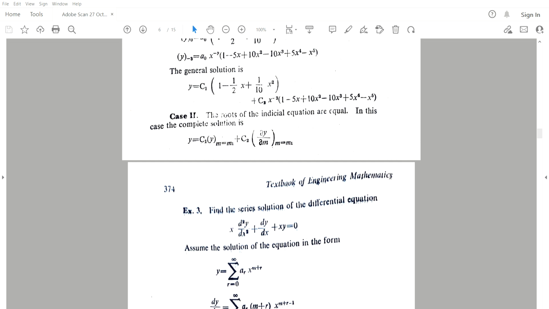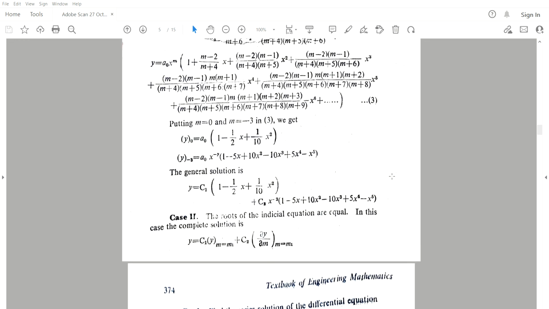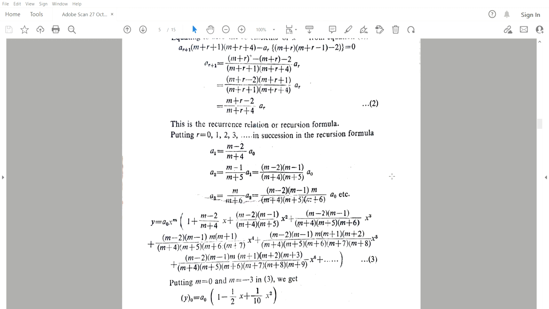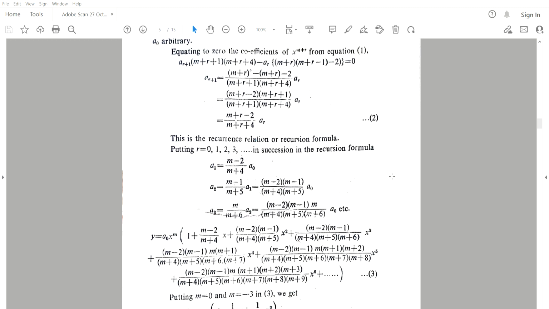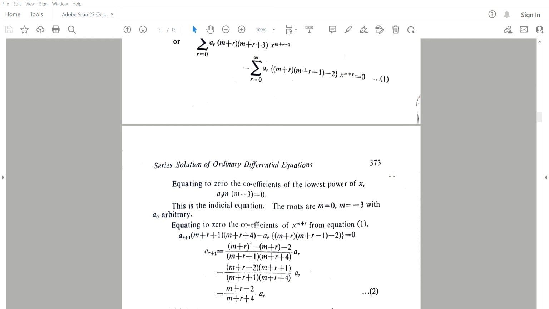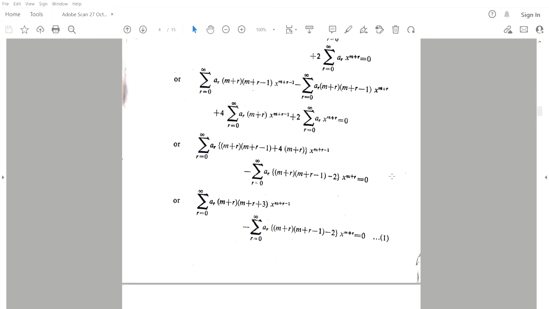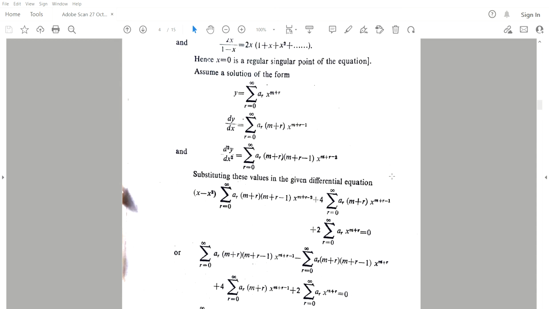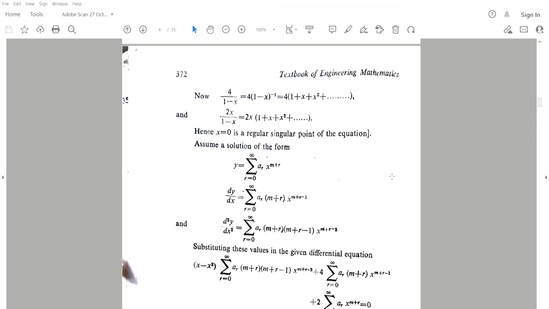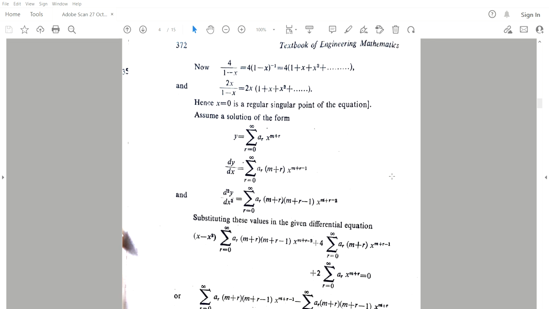What is the Frobenius method? Frobenius method is finding a solution about a singular point. So if x is equal to 0 is a singular point, what we will do? Step number 1: the solution we write y is equal to summation a r x to the power m plus r. Step number 2 is write y dashed and y double dashed.